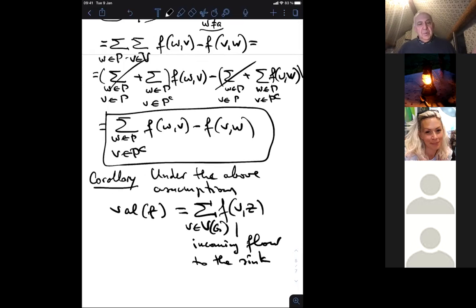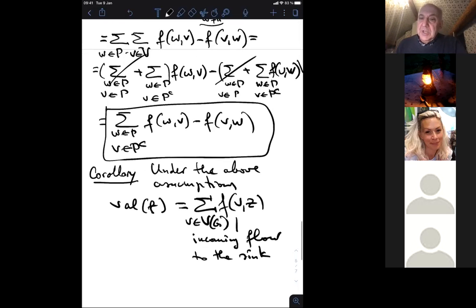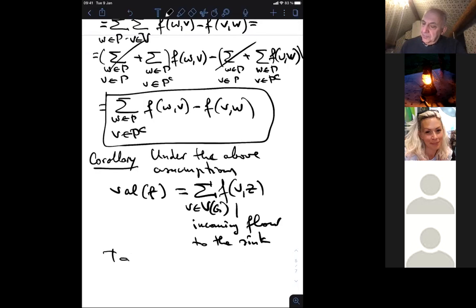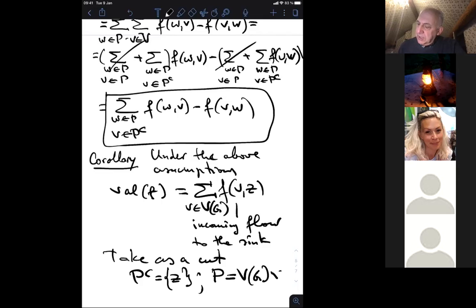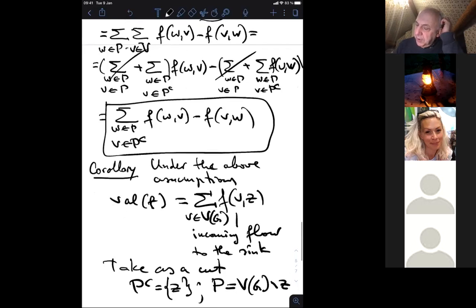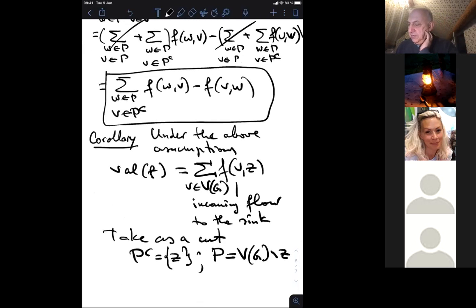Okay, there are several ways to show this. In particular, we can just take as a cut P complement equals Z, and P equals all vertices except for Z. And you'll get exactly this situation. So we have a general lemma for any cut, but in the case of this specific cut, where P complement is Z and P is the rest of it, we'll get exactly this formula.